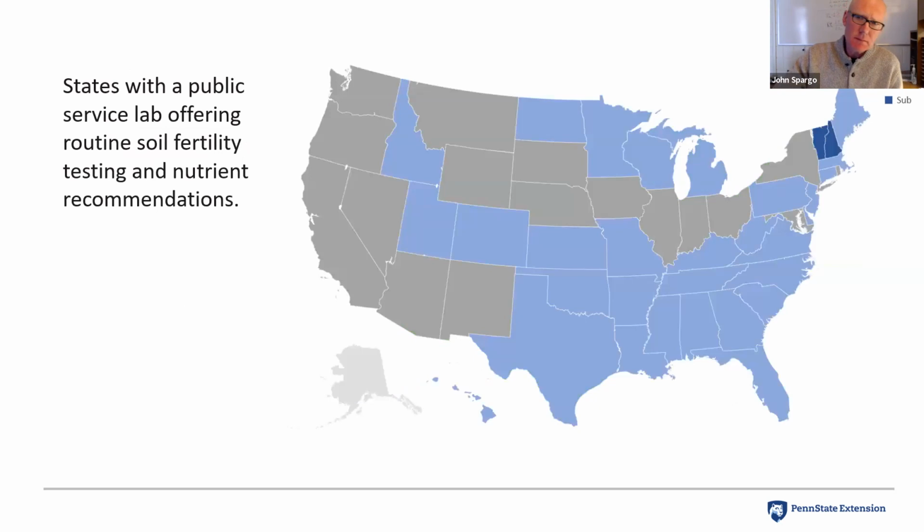The other thing I just want to share with you: in addition to the types of soil fertility research and recommendations, we were asking a lot about methods. One of the things we recognized is that whether a state does or doesn't have a service lab has implications not only for how we view our recommendations, but also for the view of, or engagement in, the analytical methods themselves.